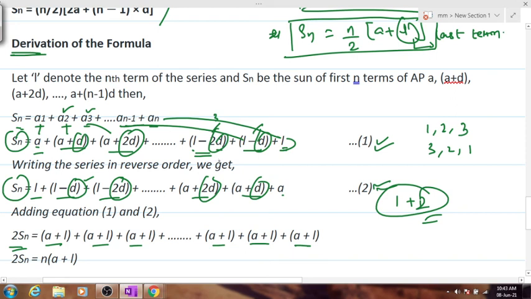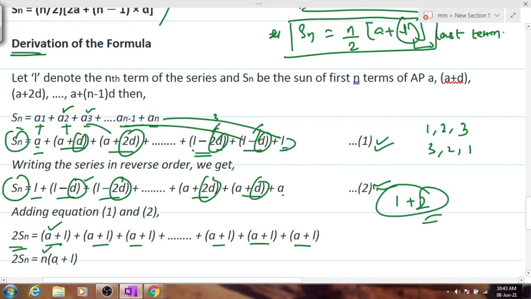You'll be left with only a plus L. Clear? Yes or no?